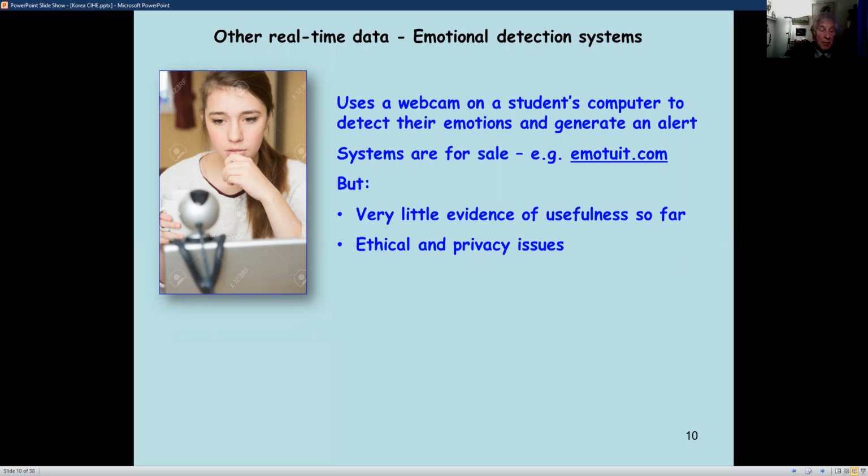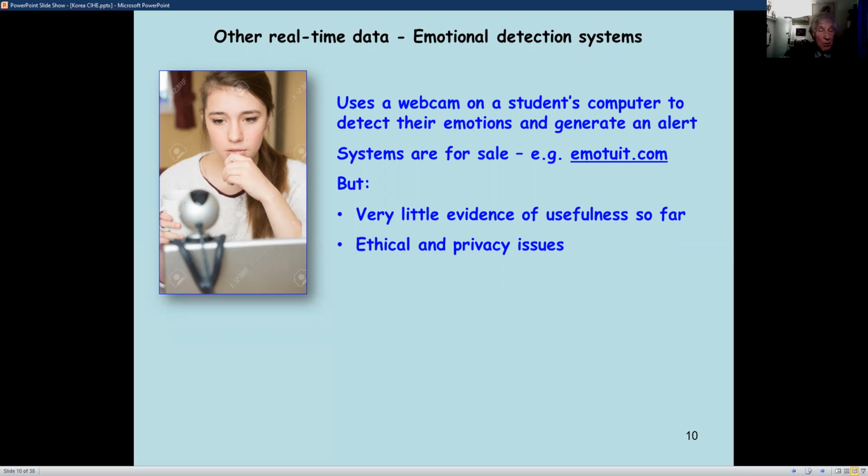If the software picks up a puzzled, bored, or worried look, it can generate an immediate alert. But like the other previous student progress monitoring data, there doesn't seem to be much evidence that such data has yet been used to enhance student success.